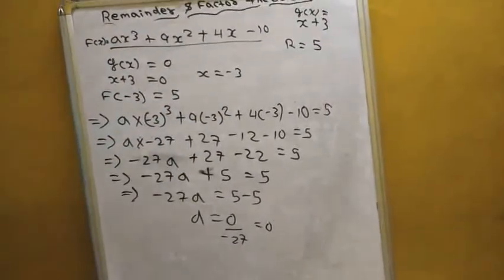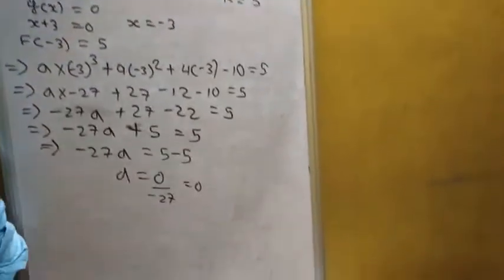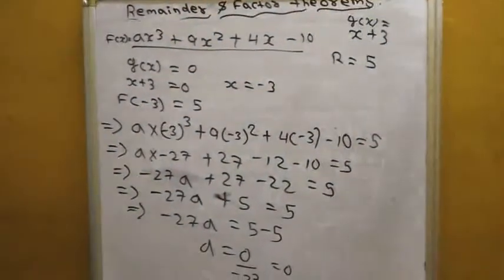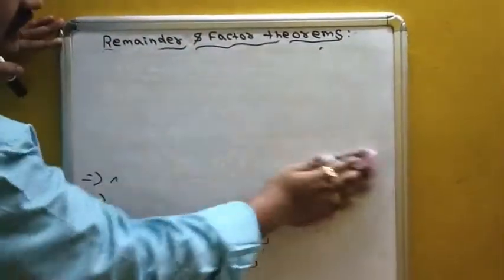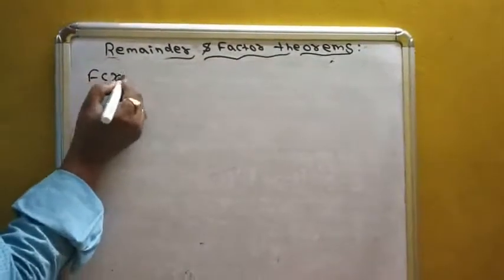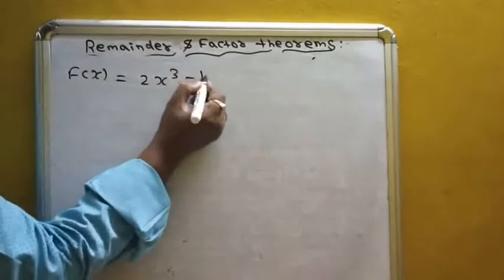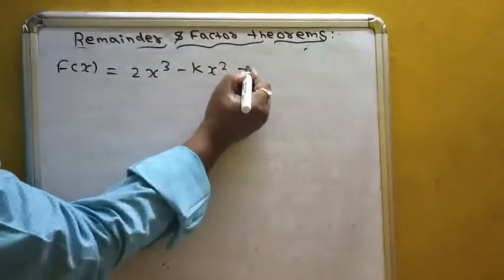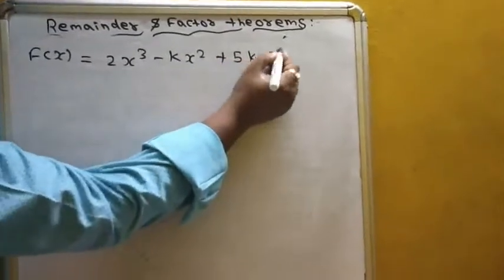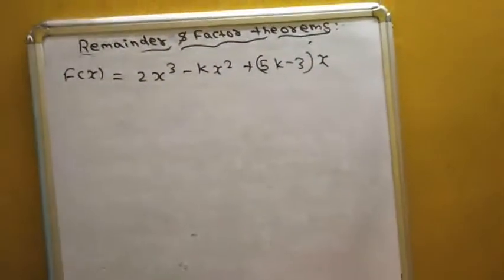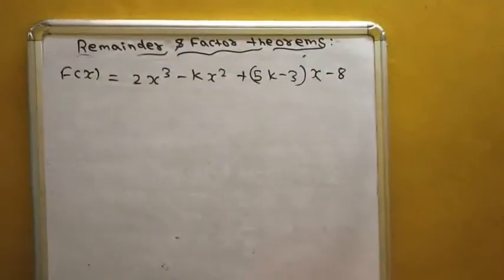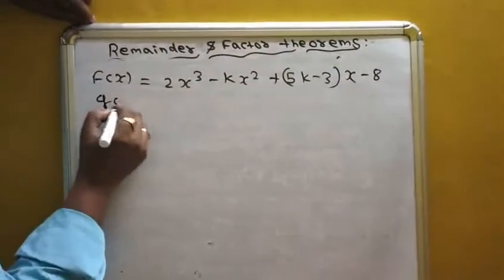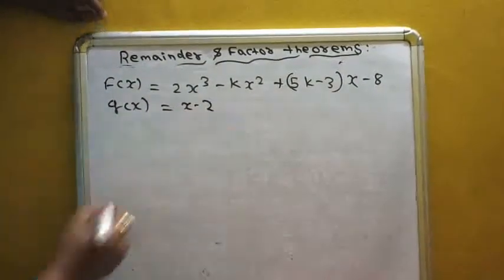Okay, next type of what he will tell you, when the polynomial, otherwise he will tell you like this only: when the polynomial f of x equals 2x cube minus k x square plus 5k minus 3 bracket x minus 8 is divided by x minus 2. g of x is given how much? x minus 2.